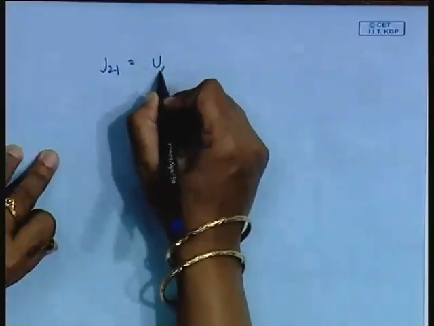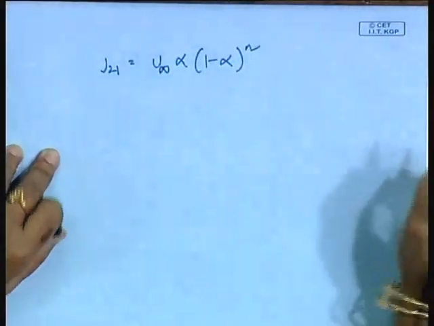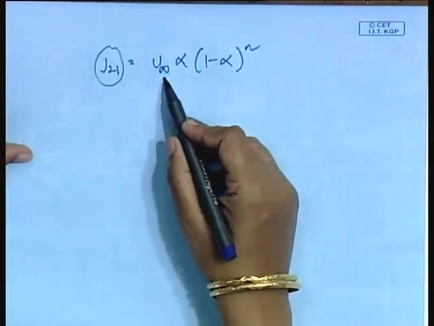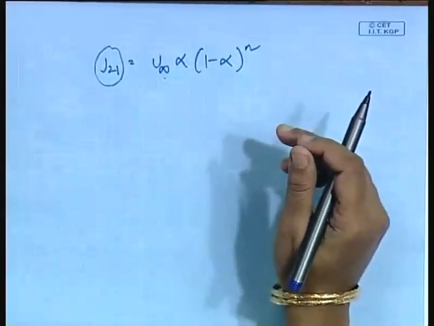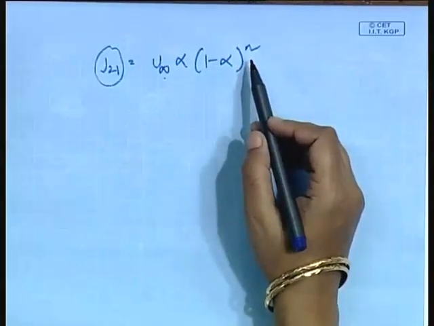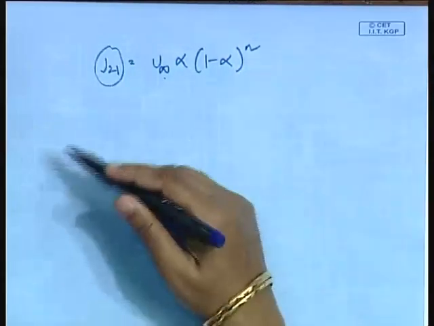So, we knew already that J21 is equal to u infinity alpha into 1 minus alpha whole to the power n. Therefore, in order to find out J21 we need to find u infinity and n. What we had proposed was that this u infinity and n are different for different flow patterns, and I had proposed the set in a tabular form.